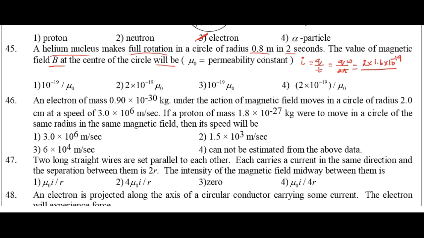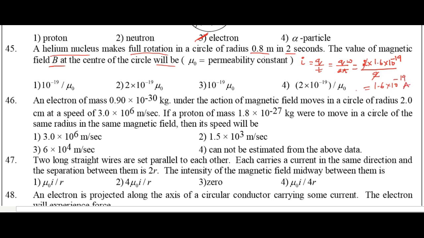What is this? It is the frequency, that is 1 by T, which is 1 by 2, so that 2 and this 2 will get cancelled. We get I is equal to 1.6 into 10 power minus 19 amperes.